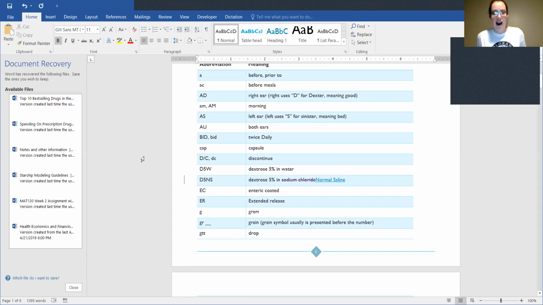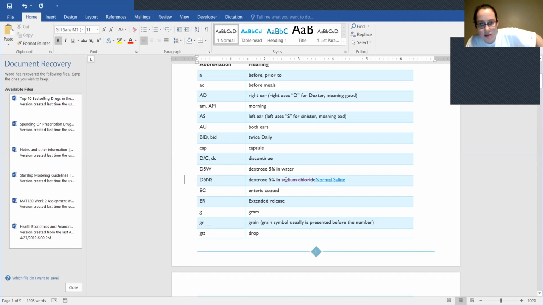Down here, we get to D5W, that's 5% dextrose in water. It's written like this a lot of times, but properly the 5 should be a subscript. But nobody worries about that anymore anyway. This one I put a correction on, D5NS. They say dextrose 5% in sodium chloride.